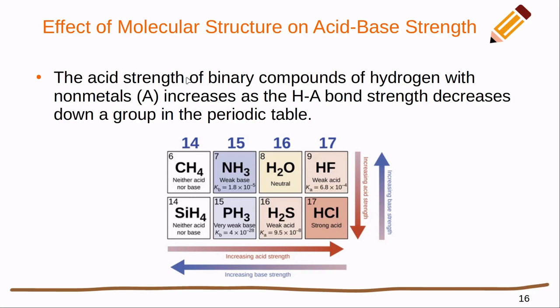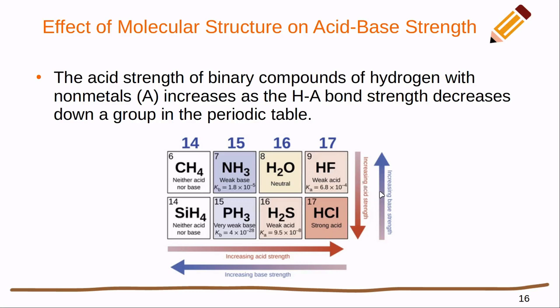This is an important conclusion that we're going to have for binary acids. A binary acid means that I have some sort of element bound to hydrogen, and that could be multiple hydrogens as well. And basically what's going to happen is it has the inverse relationship to electronegativity, okay? Because we want a weak bond between an atom and a hydrogen in order for the hydrogen to be given up.